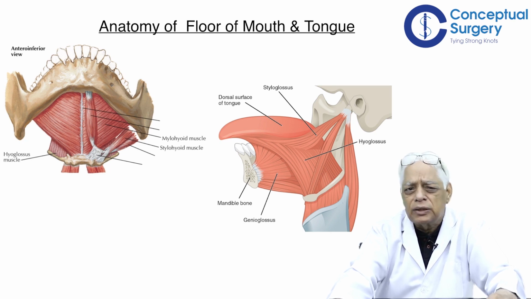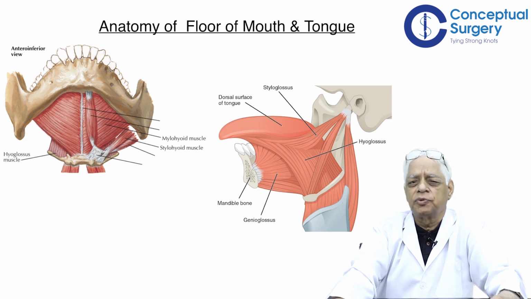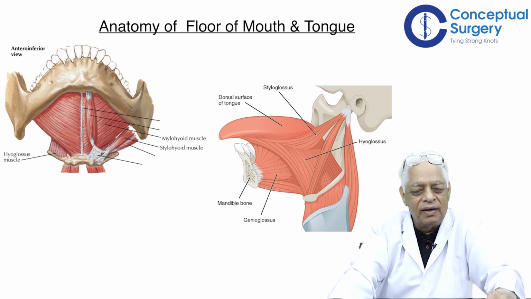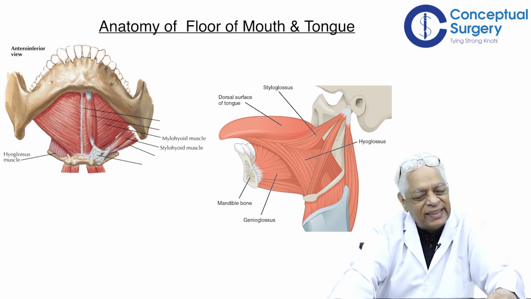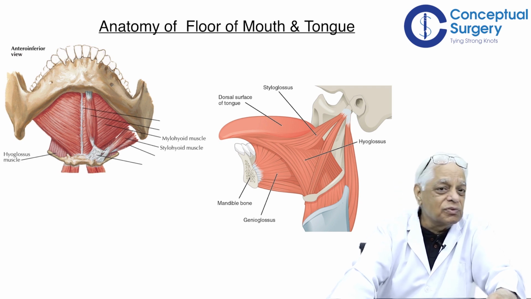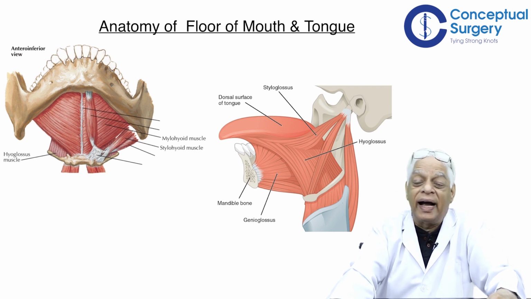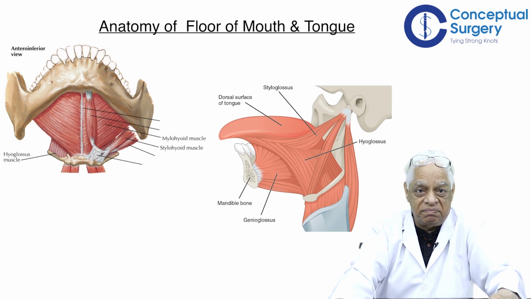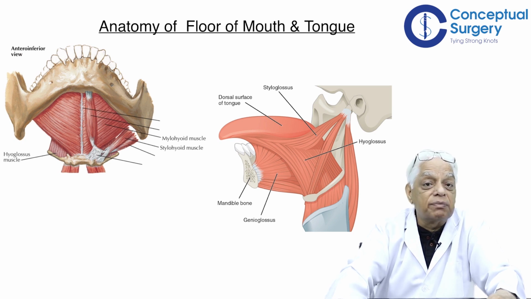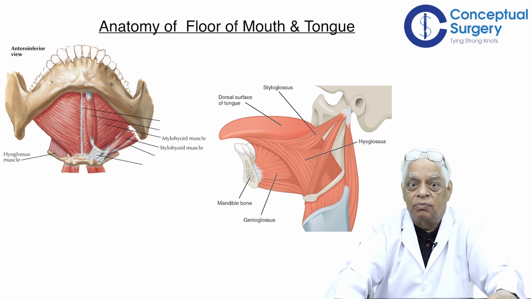And a tongue has got two groups of muscles, intrinsic muscles and extrinsic muscles. The tongue which we protrude, the tongue with which we taste, the tongue which we rotate inside the oral cavity, mostly has got intrinsic muscles. The extrinsic muscles are not visible at all.